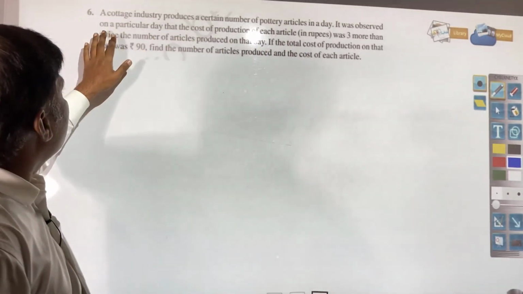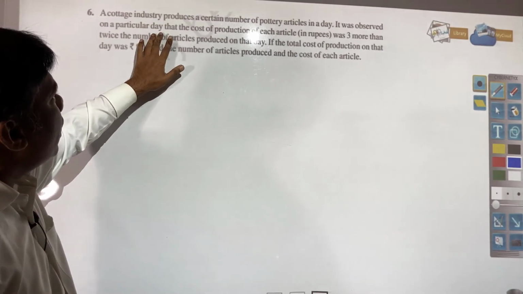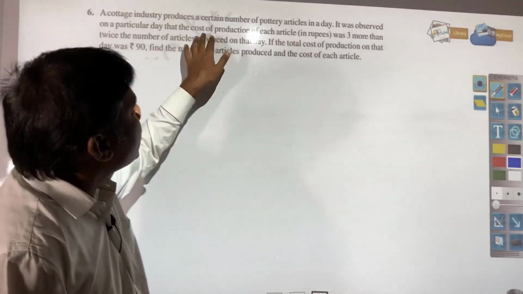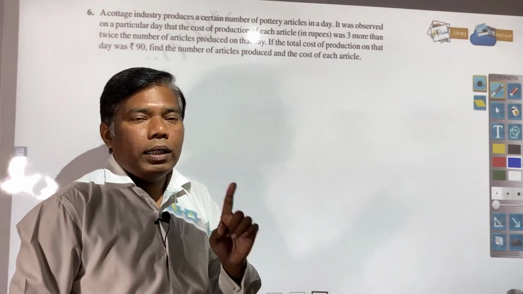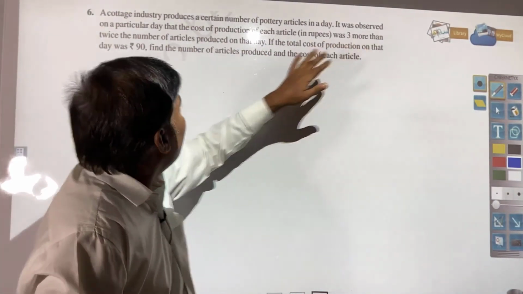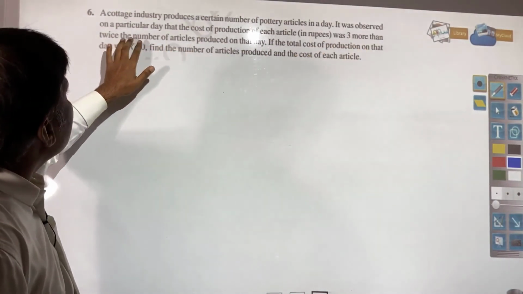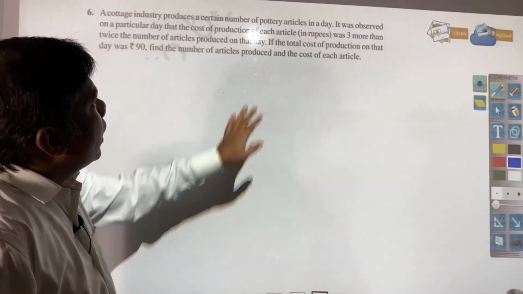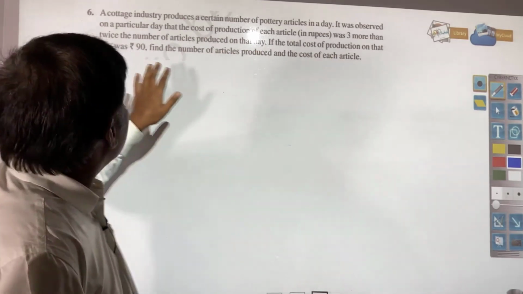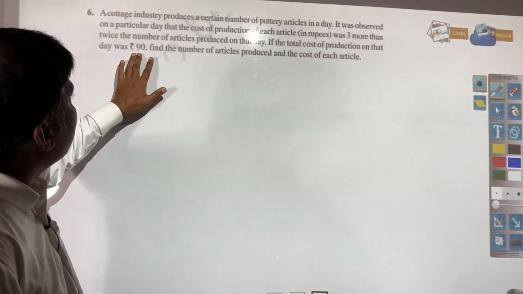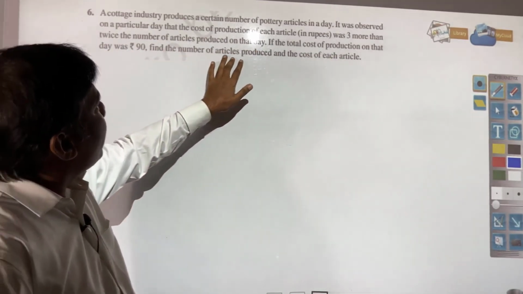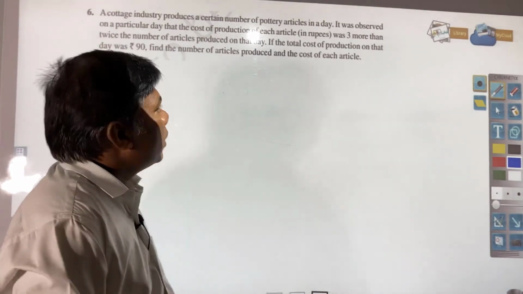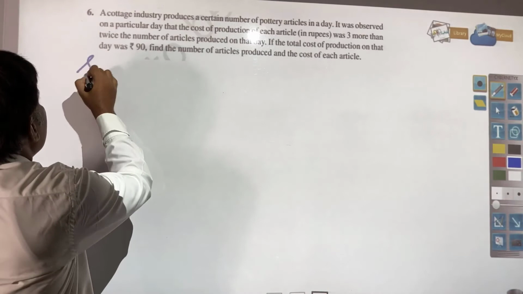It was observed on a particular day that the cost of production of each article was 3 more than twice the number of articles produced on that day. If the total cost of production on that day was 90 rupees, find the number of articles produced and the cost of each article. So how do we solve this?